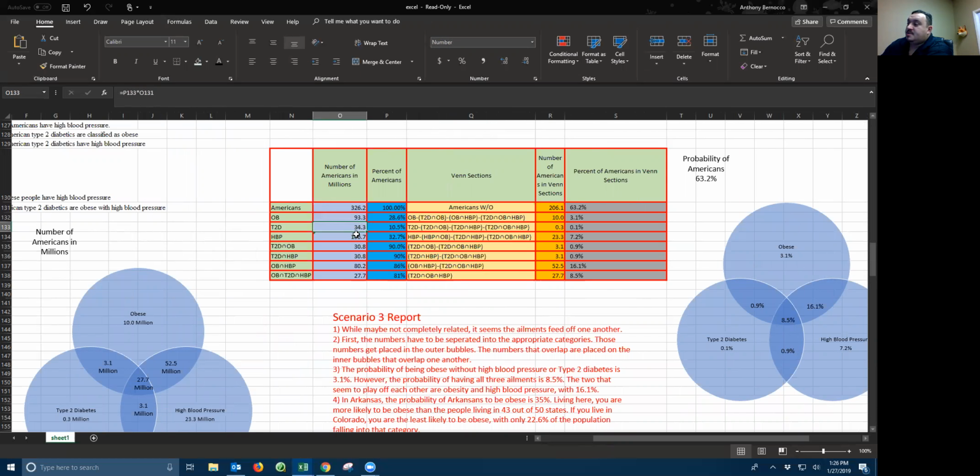Obesity, type 2 diabetes, high blood pressure, type 2 diabetes, and obesity. All the different, and these are the percent in Americans. Some of these numbers were given to us, some we had to formulate.